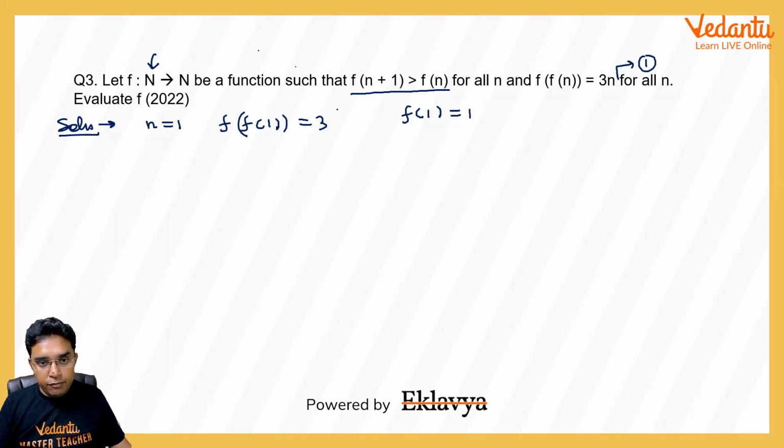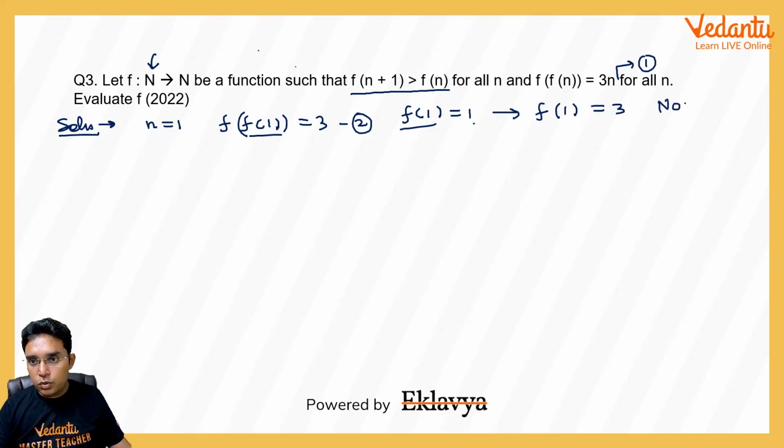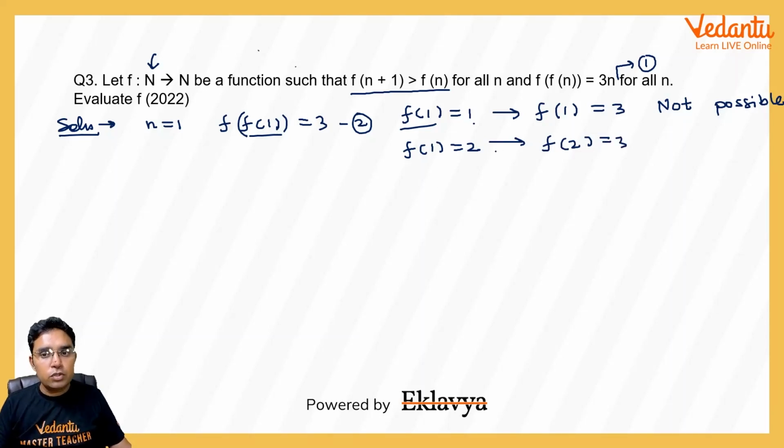If I take f1 equal to 1, this equation, let me call it 2, will give us f of 1 equal to 3, because if f1 is 1 and I put 1 here, then f1 will be 3, which is not possible, because a function cannot have two values, 1 and 3, for f1. So this is not possible. Now if I take f1 to be equal to 2, then f of 2 will be equal to 3. This seems fine, because f1 is 2, f2 is 3, it is increasing.